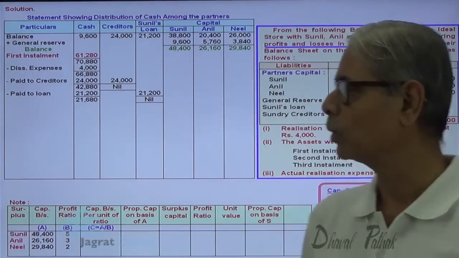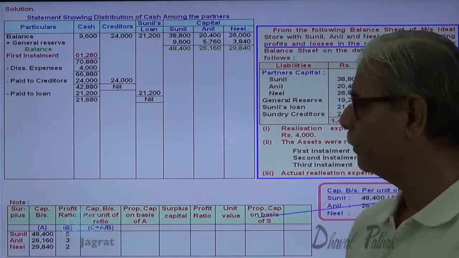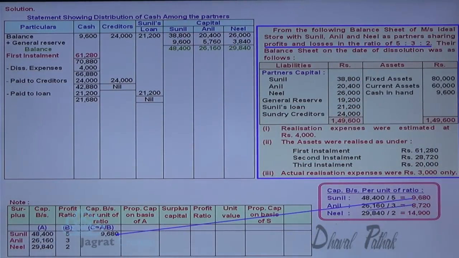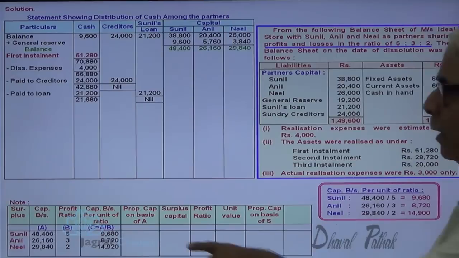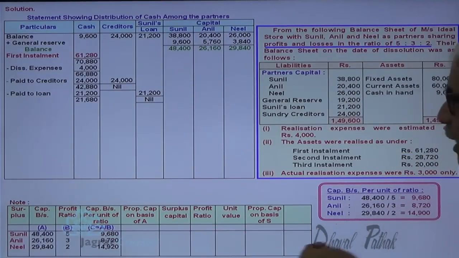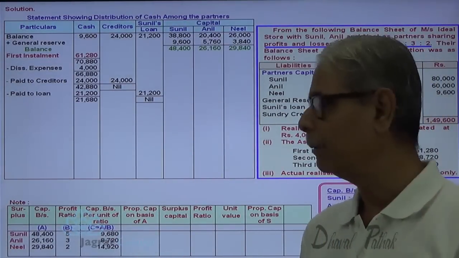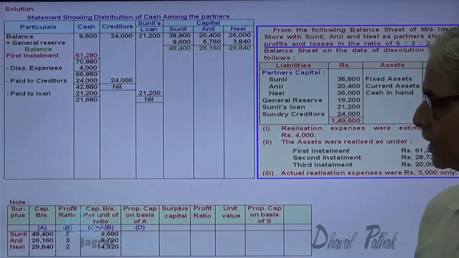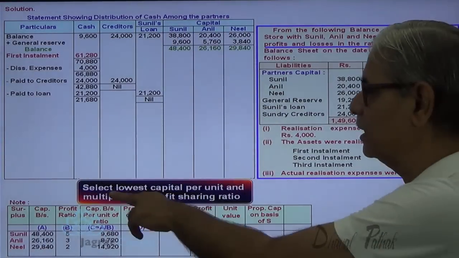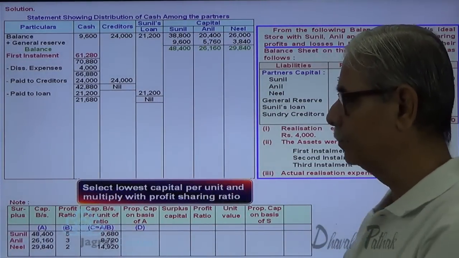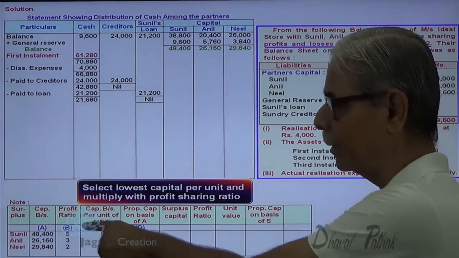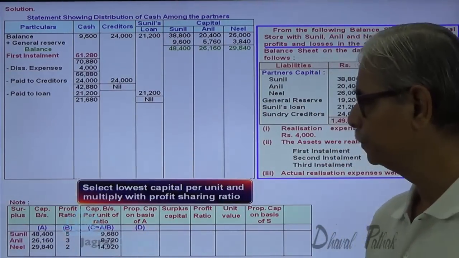So let me work it out. For that, remember one important suggestion. This is the capital contribution per unit calculated and recorded here. Now, out of this per unit contribution, find the minimum. What I suggest, select the lowest capital per unit, and multiply that lowest capital with the profit sharing ratio.